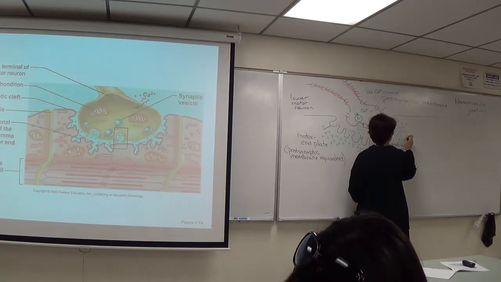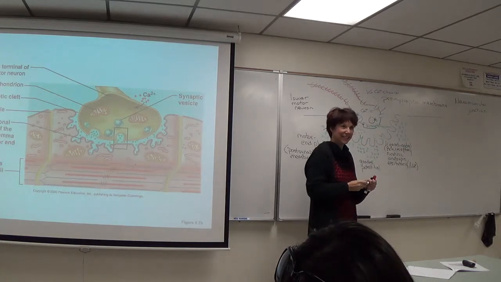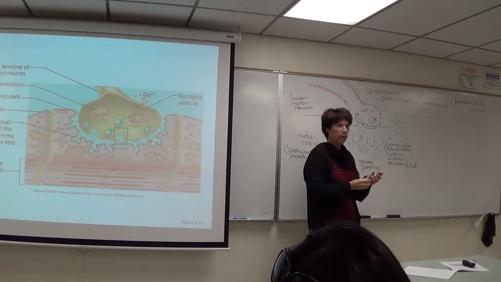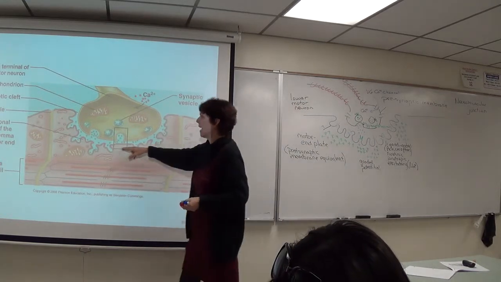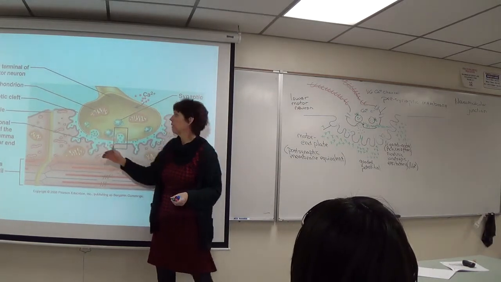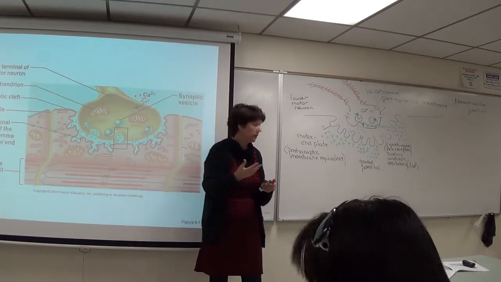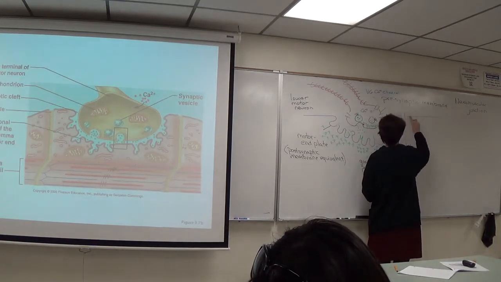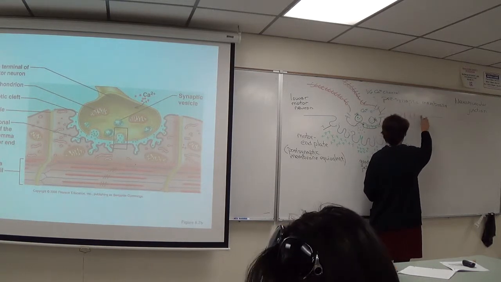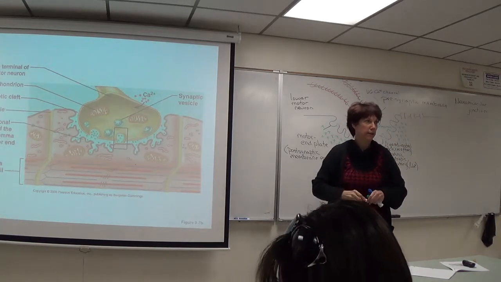And if they reach threshold, they will open voltage-gated channels in the sarcolemma outside the motor end plate. So the motor end plate has ligand-gated channels. The rest of the sarcolemma is going to have voltage-gated channels. All right. So these are voltage-gated channels for sodium and potassium, just like we saw in the nerve cell.